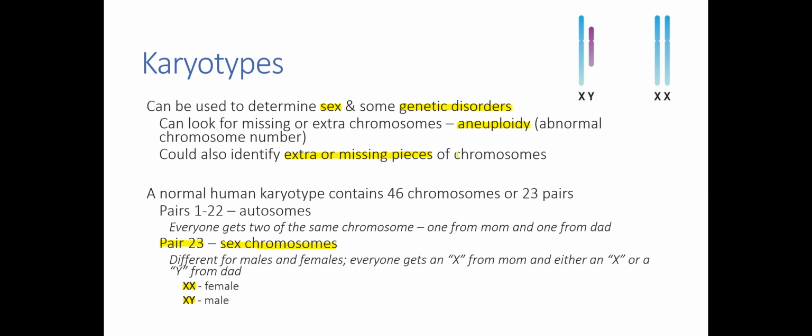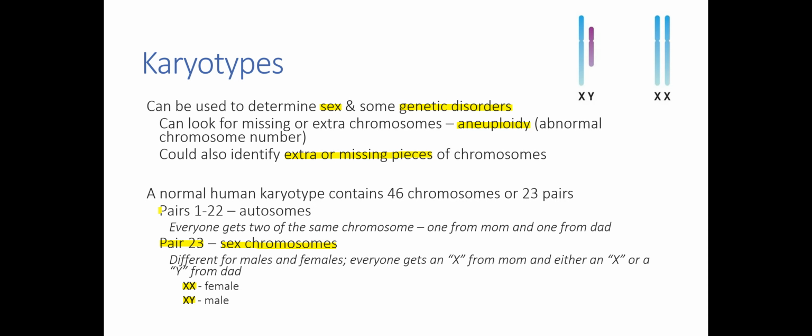For instance, there's a disorder called cri-du-chat, which means cry of the cat. In that particular disorder, there's an extra piece on chromosome 5, or maybe there's a missing piece on chromosome 5, and so the chromosome would not look completely normal.